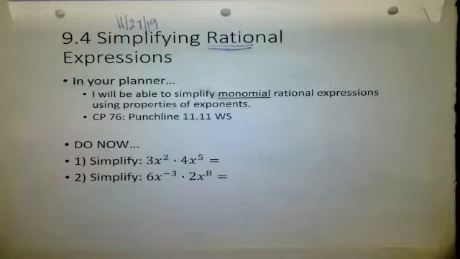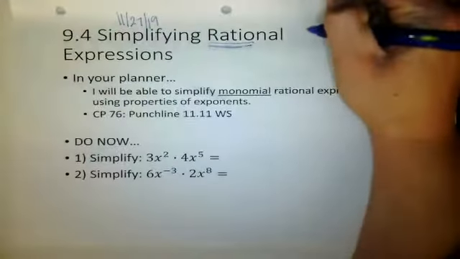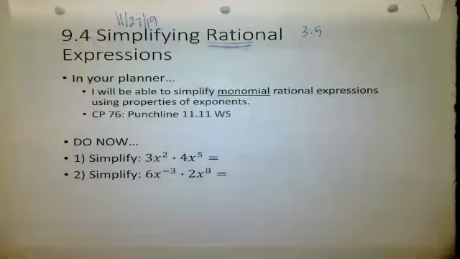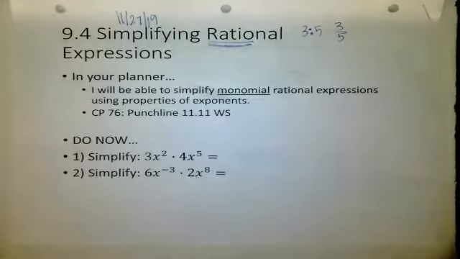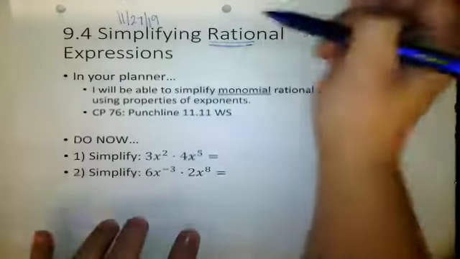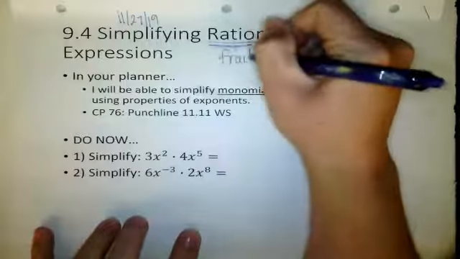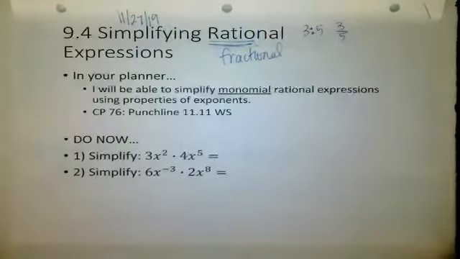So we can write, like, the ratio of boys to girls is 3 to 5 in this class. So you can write 3 to 5 this way, but we can also write it as a fraction. So ratio is really just fancy for fraction. And so what I like to say is rational means fractional. Everything that we're doing in this unit for the next almost 2 weeks has to do with fractions, essentially, and simplifying fractions.